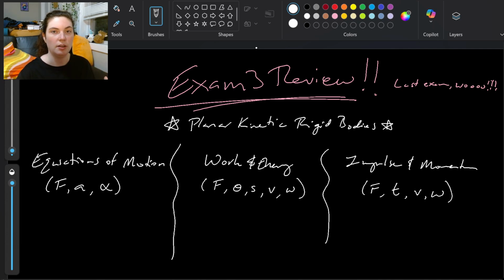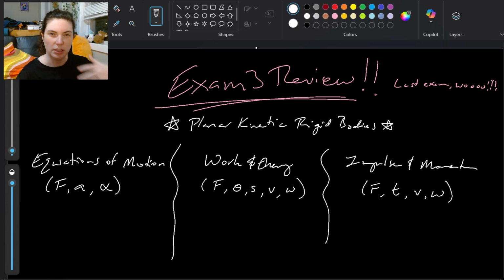So when you're working through this exam, when you're working through your practice exam, just bear in mind that you can use any one of these for any problem and it should still give you the correct answer. It's just that some of these approaches work better for different problem types.